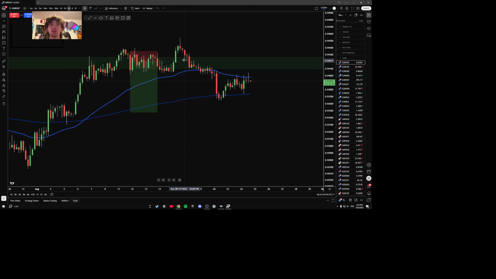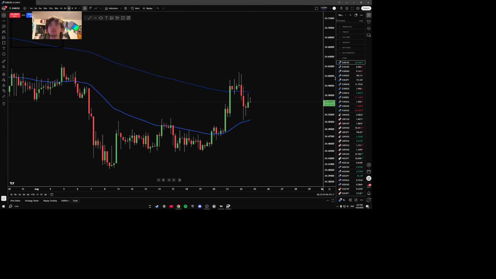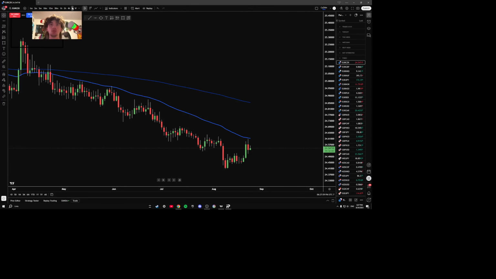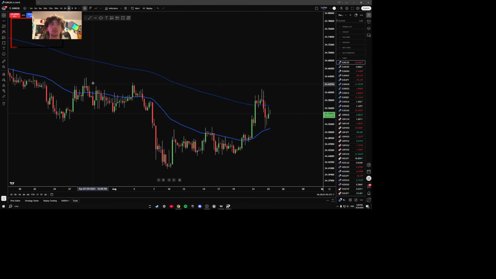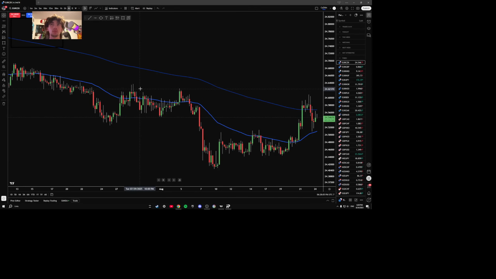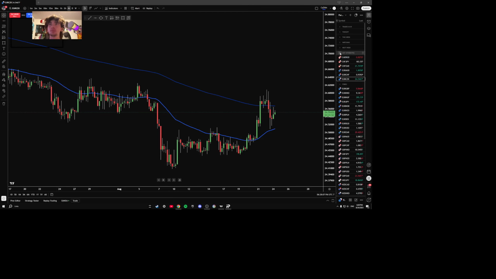If there was this price and then just removed all this, I'd probably take it. But since it has all this, I'm just going to leave it alone. CZK. Interesting pair. I don't even know what currency that is. I don't like it that much.